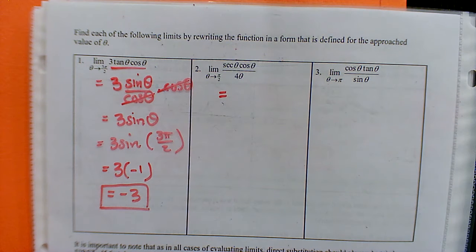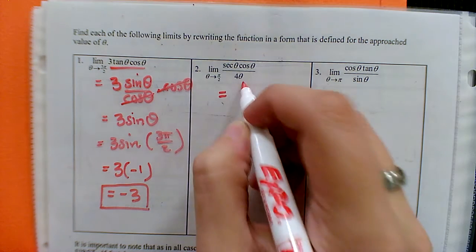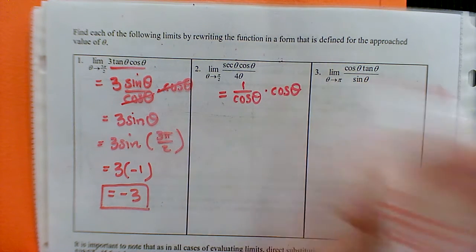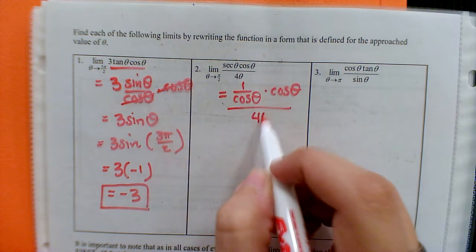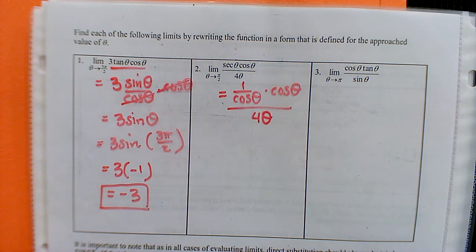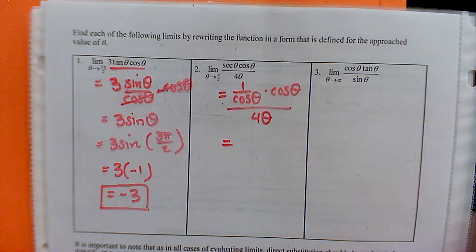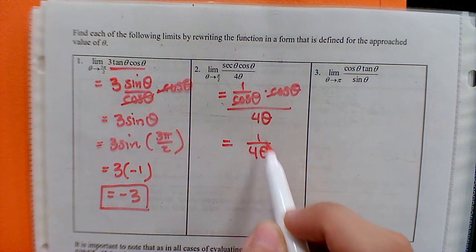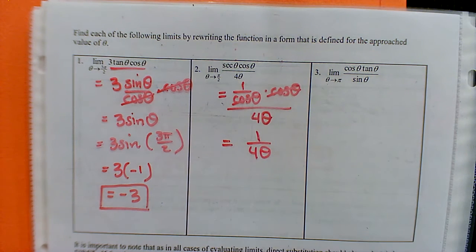Can we rewrite what secant is? Yeah. 1 over cosine. And we have times another cosine, and that's all over 4 theta. Notice how the cosines would cancel, and we're left with a 1 for that numerator.